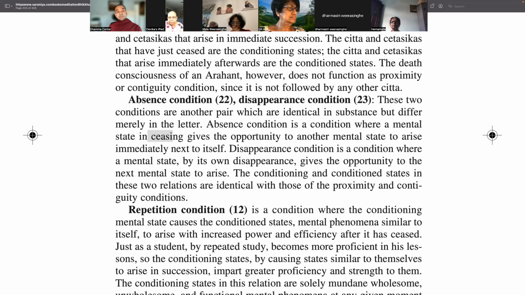Disappearance is when you have not completed the Banga stage, the Upadatiti Banga stage. You are still at the end of the Banga stage, disappearance. But in the absence condition, you have just passed the Banga stage. That means less influence from your previous chitta.